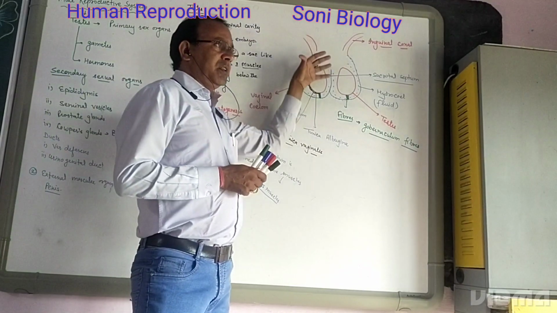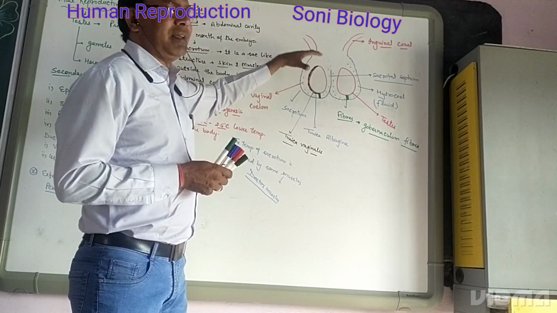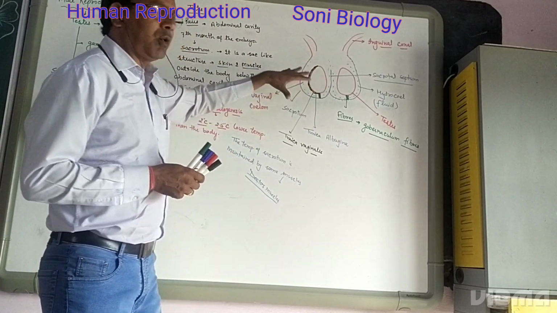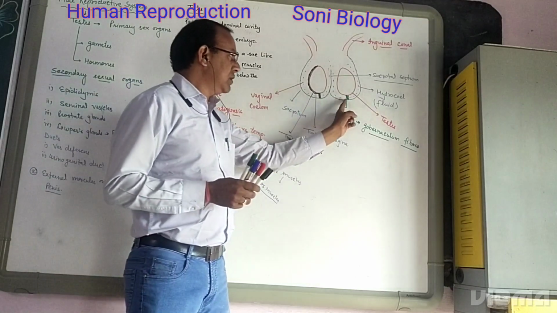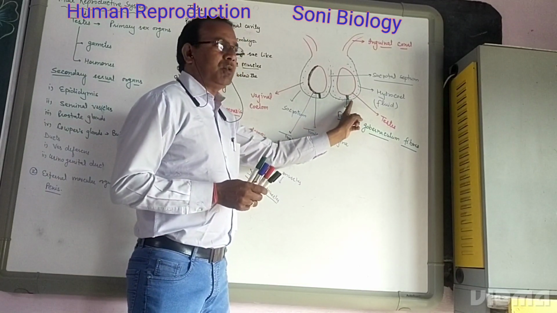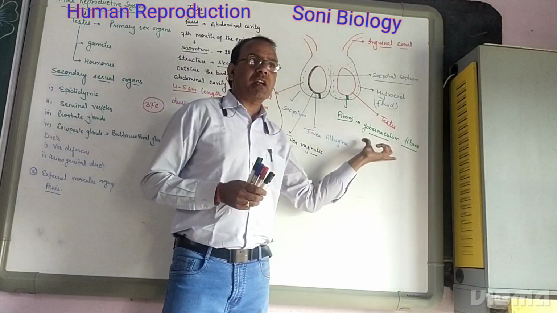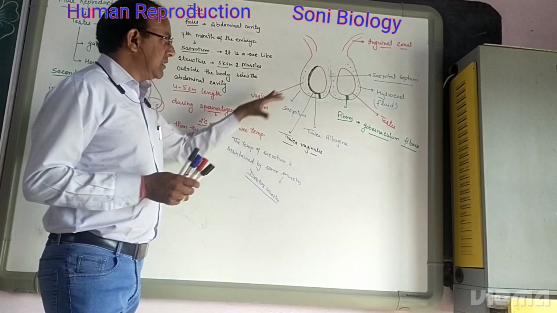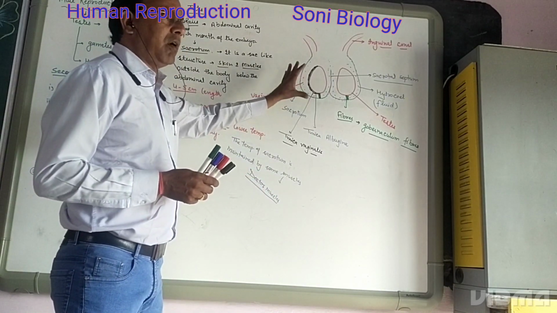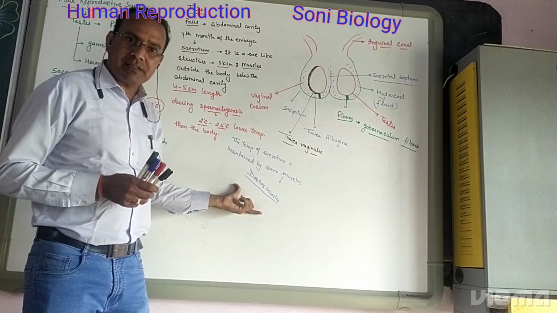As the testis descends into the scrotum, it remains there all the time. Why? Because the location of the testes does not change. This is because the testes are attached to the scrotal sac with special fibers called gubernaculum fibers. The temperature of the scrotum is always maintained with the help of dartos muscles.